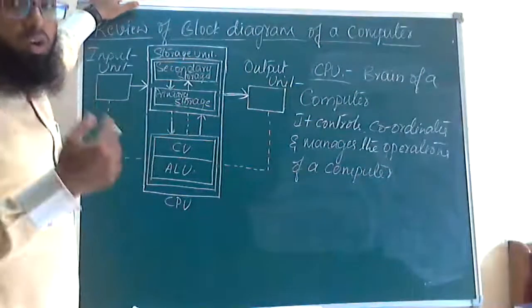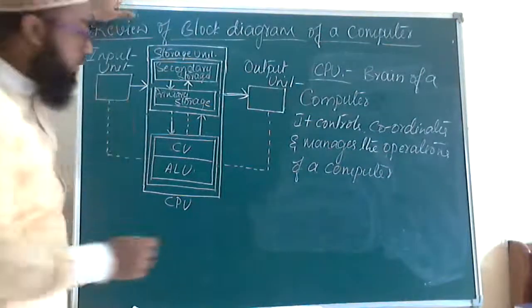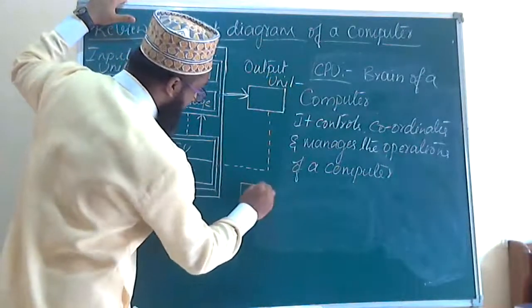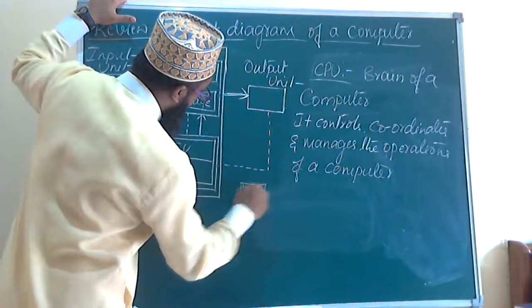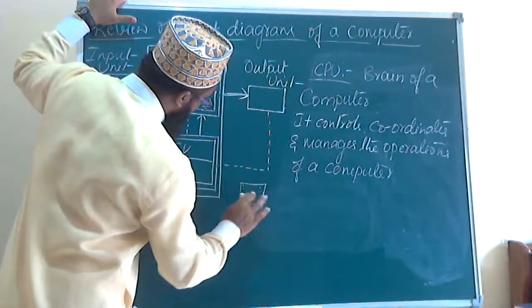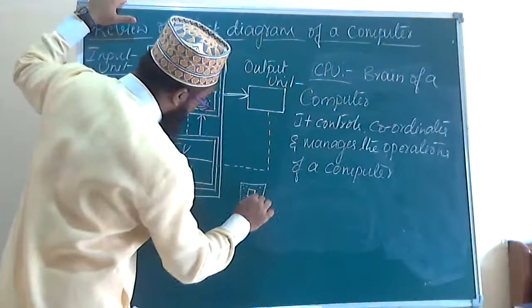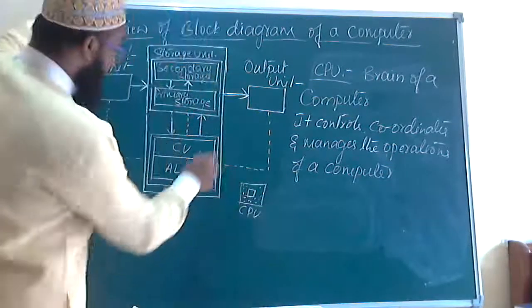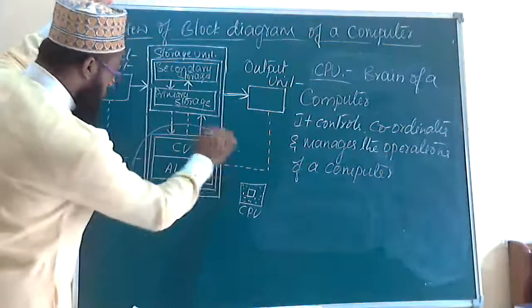No, that's wrong. Inside the computer you have a chip like this, and this chip has many pins. That is called the CPU, and the CPU is only this part.